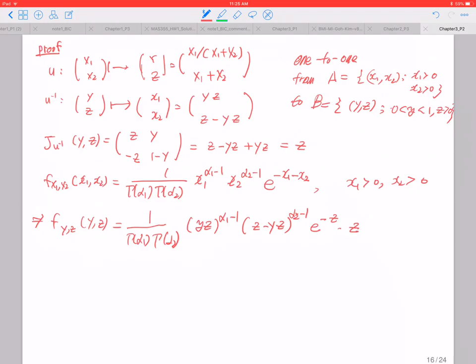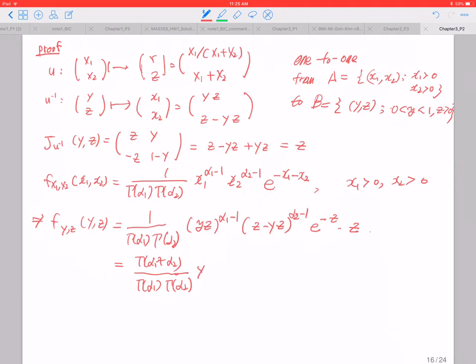So if you write it this way, with alpha 1 plus alpha 2, we want to factorize the joint distribution into a product of two components.